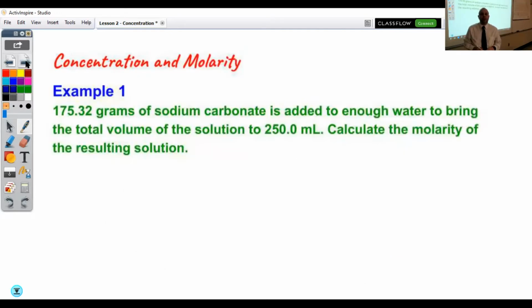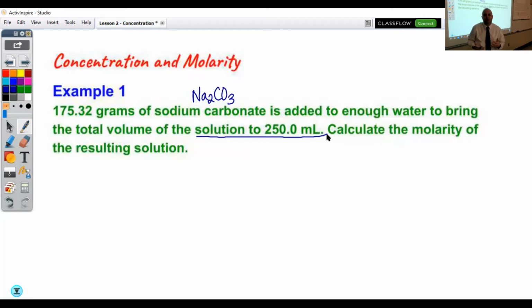So in our first example, you can see that we have sodium carbonate. So sodium carbonate, as a reminder, is Na2CO3. It's added to enough water to bring the total volume of the solution to 250 milliliters.